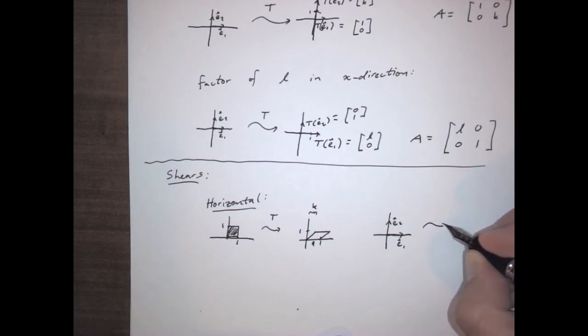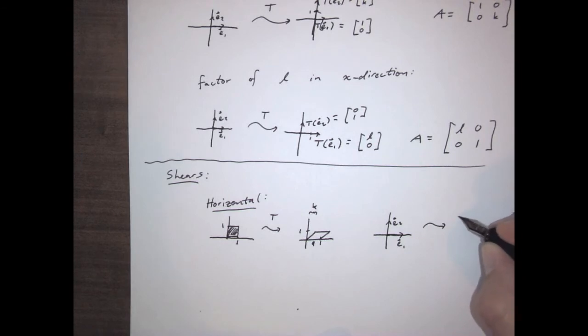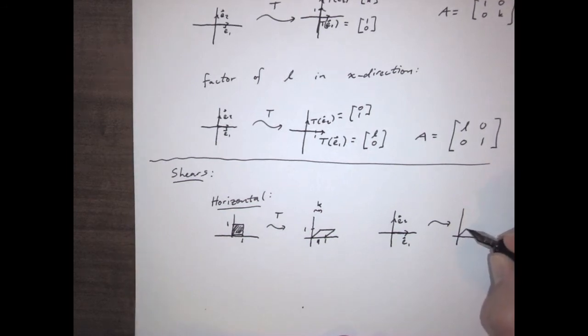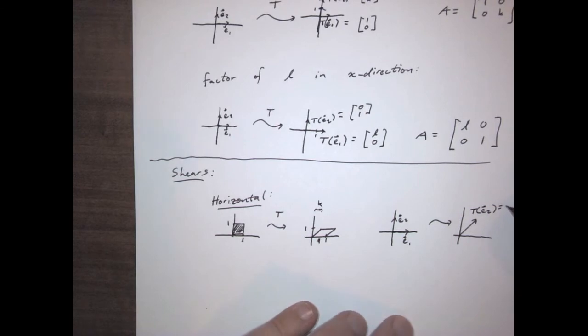So this will become T of E2, which still goes up 1 unit, but it goes over k units.